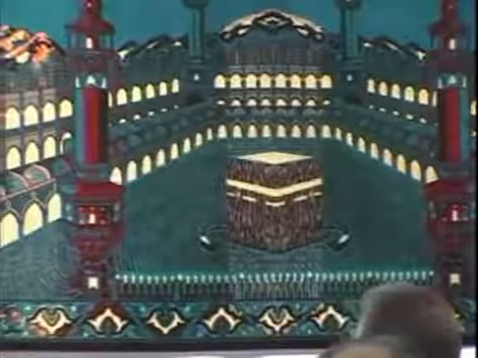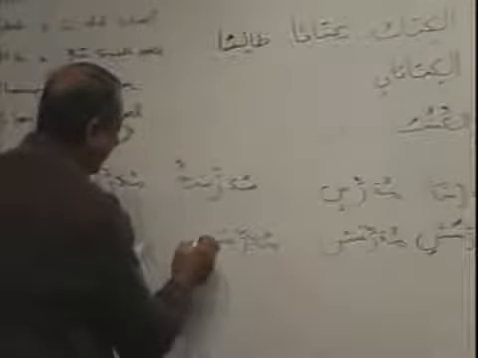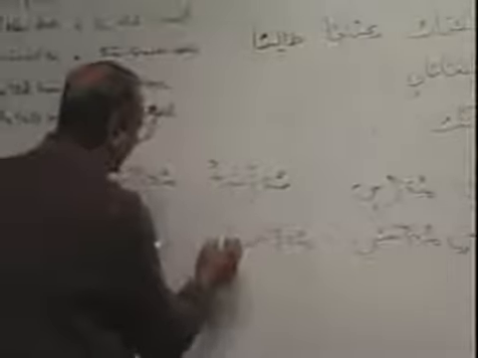Okay. Now here comes mudarrisatun. How will I make it dual? Mudarrisatani. The first form is ani. What will you say? Mudarrisatani. The muannas will become tani.